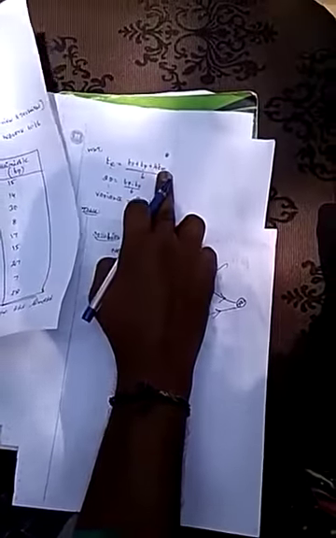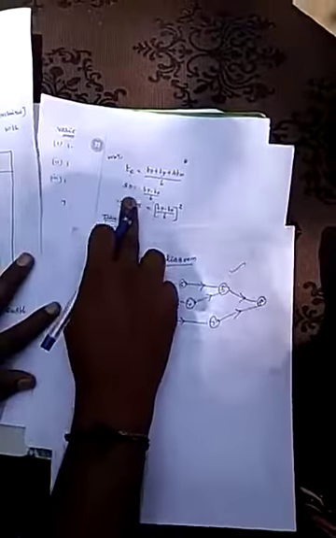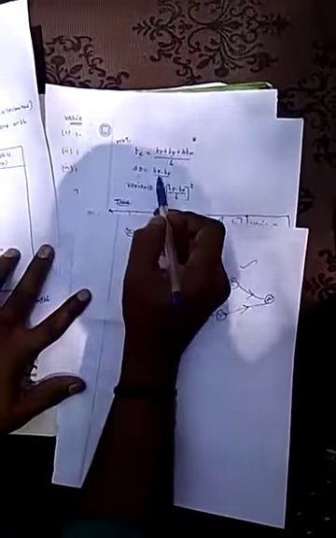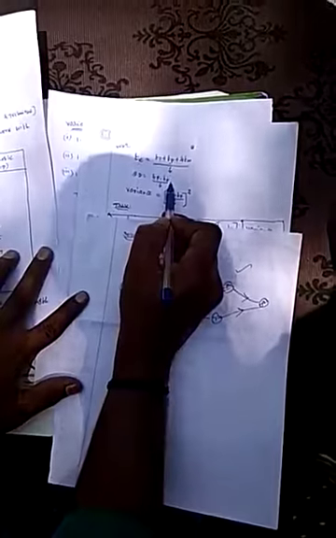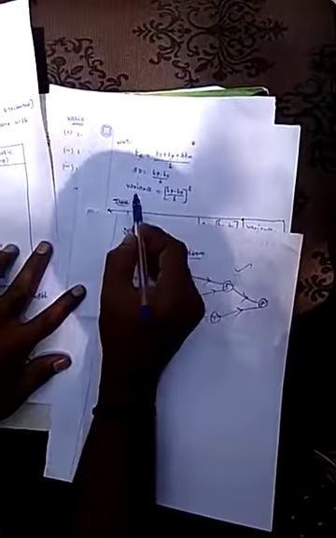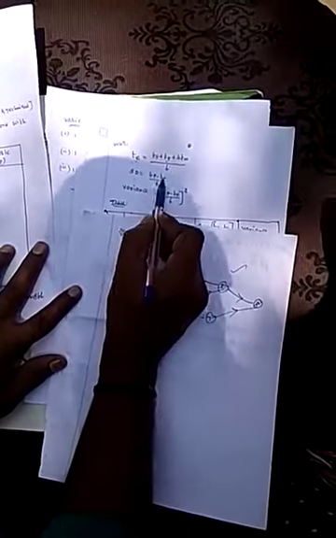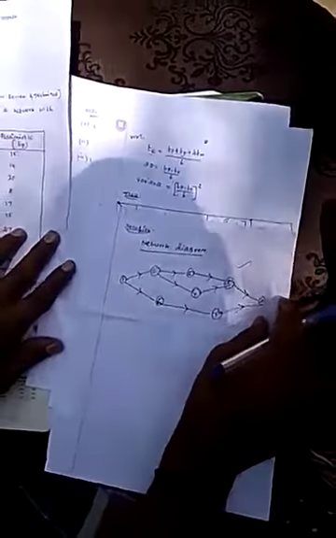TM means most likely time. TE equals T0 plus 4 TM plus TP, divided by 6. Standard deviation SD equals TP minus T0 divided by 6, the difference between pessimistic time and optimistic time divided by 6. Variance means the square of the standard deviation, that is (TP minus T0 divided by 6) whole square.